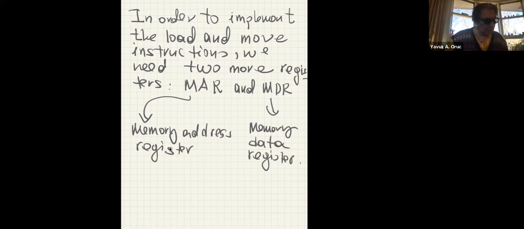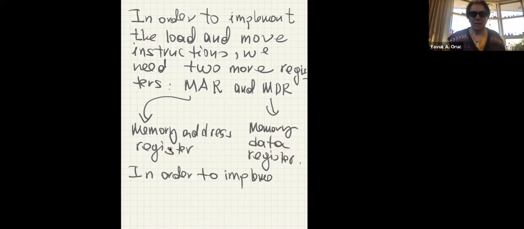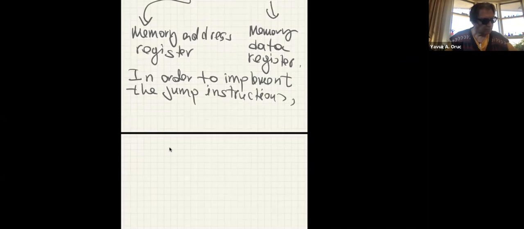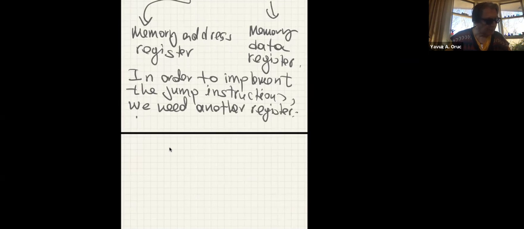Now, in order to implement the jump instructions, we need another register, and that's called the program counter.